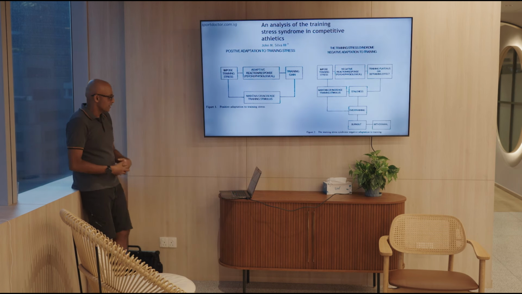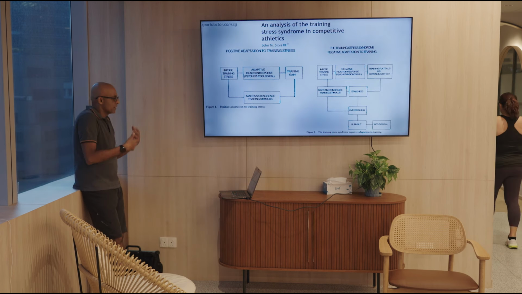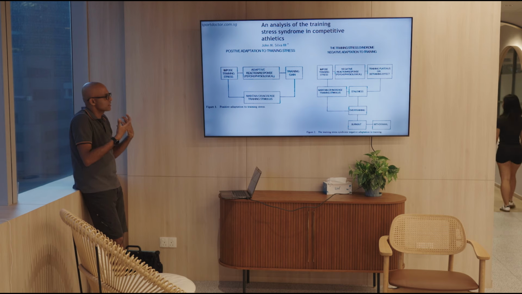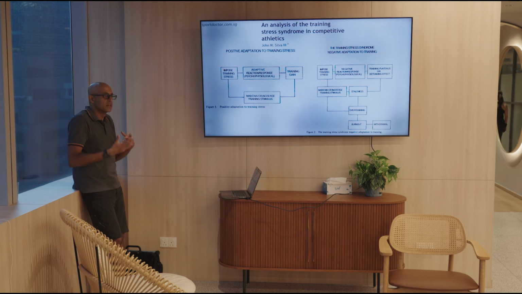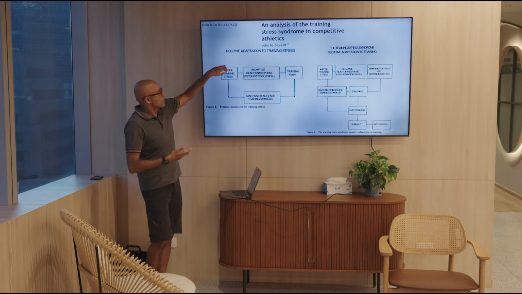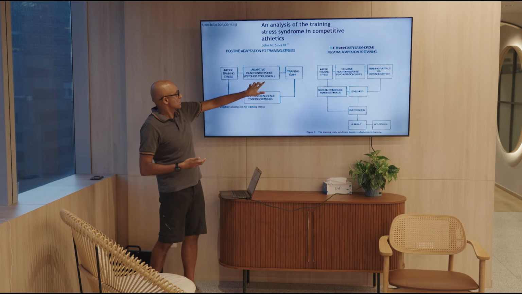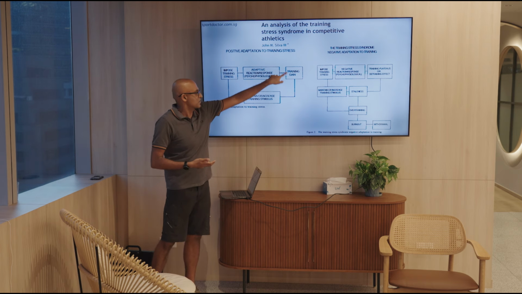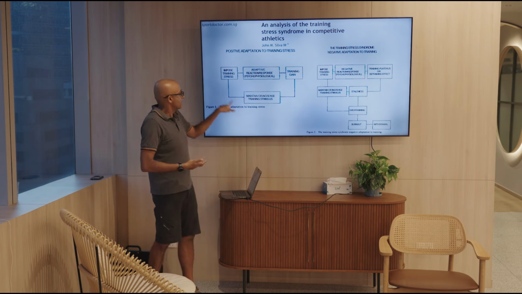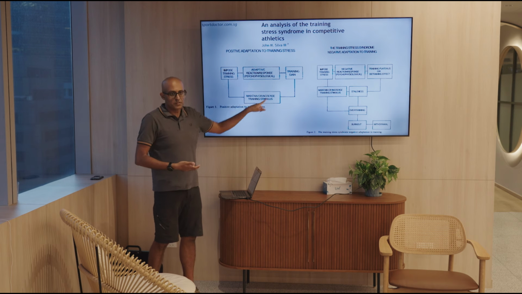And this is quite an old paper, but it gives an understanding of why the athlete might, from a negative psychological perspective, start to have issues in terms of their performance. If you have a performance stress, psychologically they're okay, the training, they can see the gains, and they maintain it. They just keep going through the cycle.